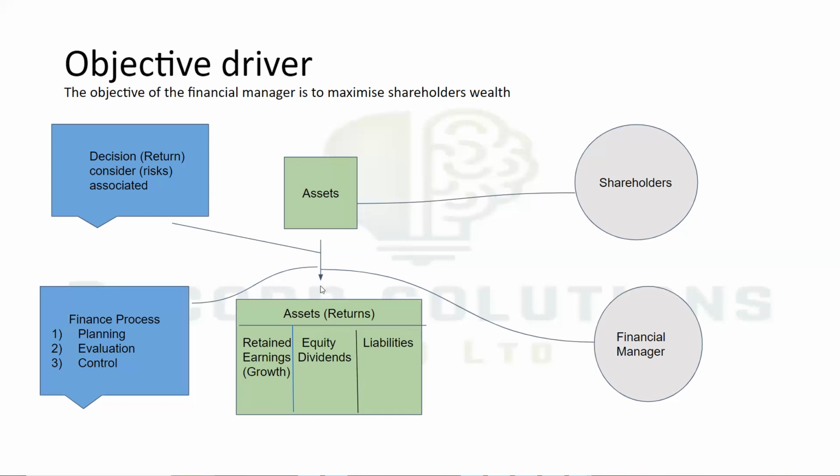Firstly, a portion of these assets is attributable to liability holders, so you have to pay your liabilities. That's the first thing you have to do with your returns. Then you also have to pay dividends to the shareholders.